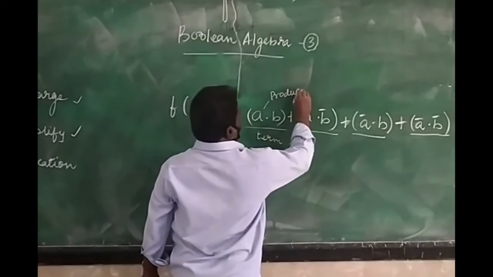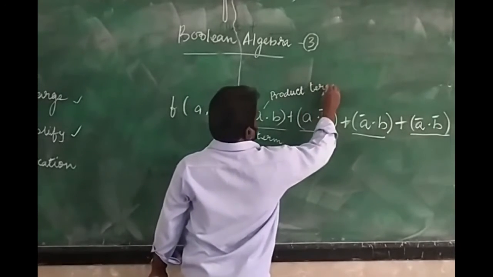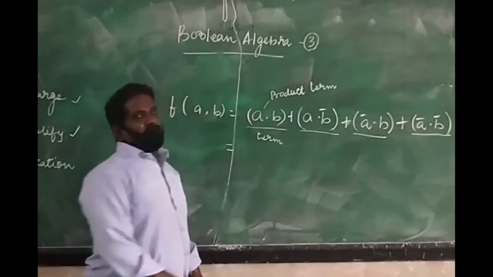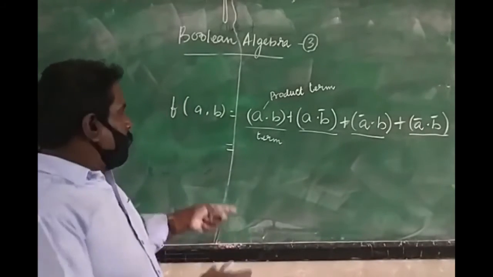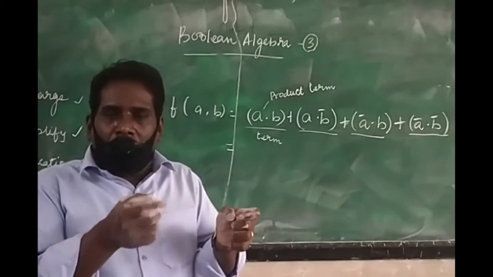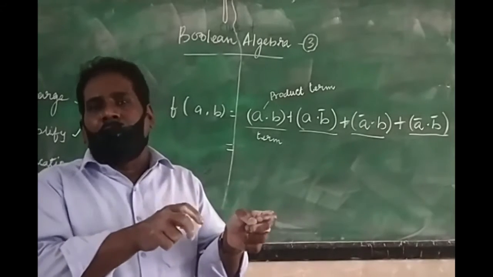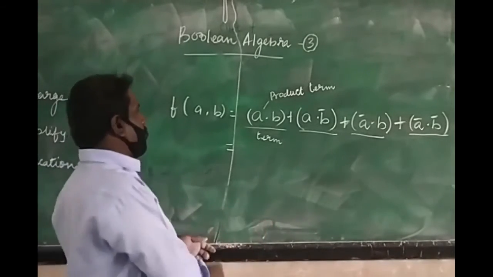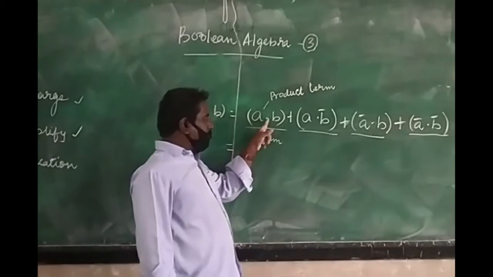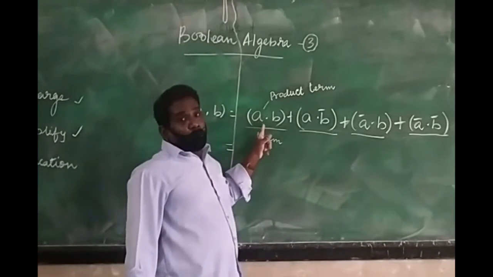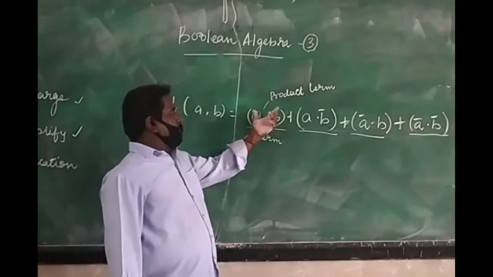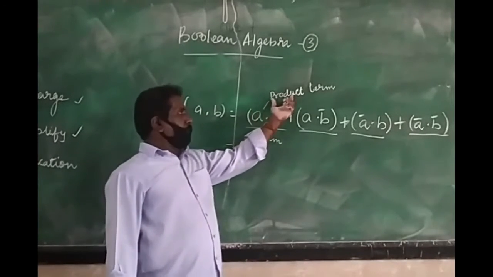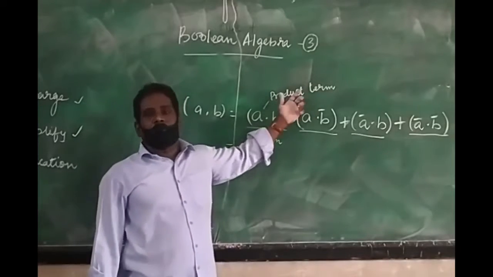This one is a product term, and this one is a product term. Why is it a product term? Because 2 or 3 variables are logically multiplied. The AND operation is called multiplication operation in Boolean algebra, so we call them product terms, multiplication terms.